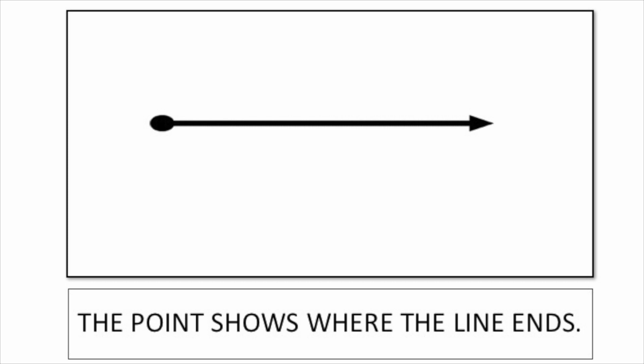The point shows where the line ends. Yes. So this one here, is this the point or the arrow? The point. And how about this one? Arrow. Okay, so know the difference. End point and arrow, saying that the line is going in this direction, that the arrow is pointing.